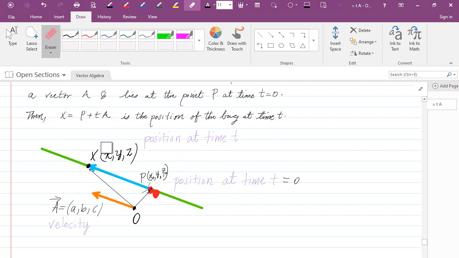So if a bug is moving along the line with velocity a and initial position at time 0 equal to p, then the position of the bug at time t is given by x is equal to p plus ta.